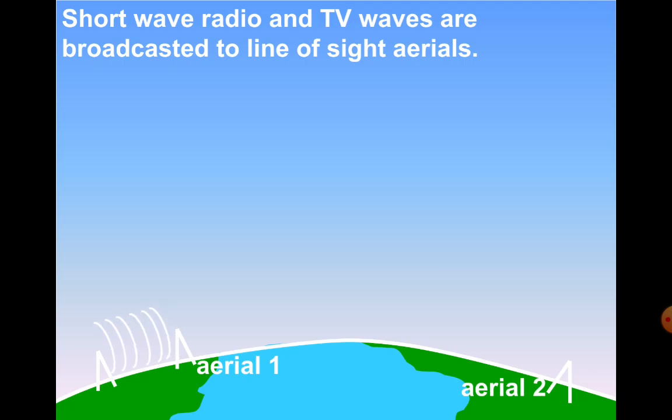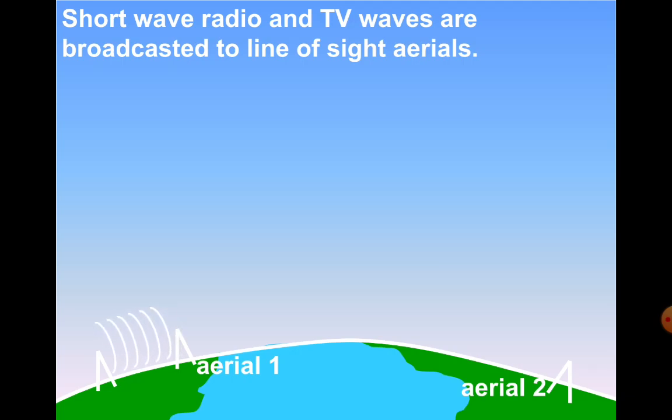They are broadcasted to the line of sight directly, but they cannot travel large distances because of the curvature of the earth. So if you want, for example, to listen to a radio station from Hanoi or even Dalat, it's impossible, and this is because of the curvature of the earth. You don't have a direct connection to the station.